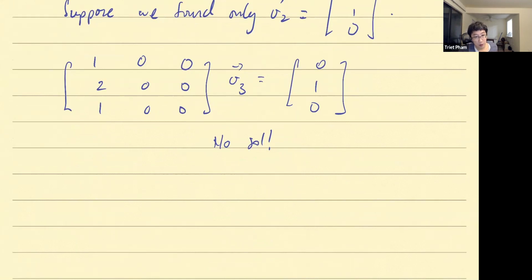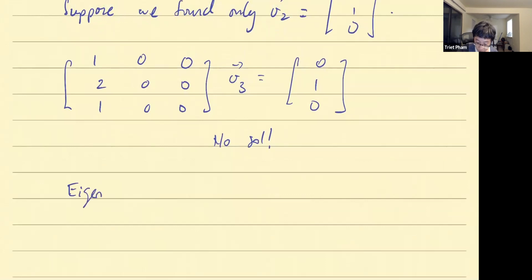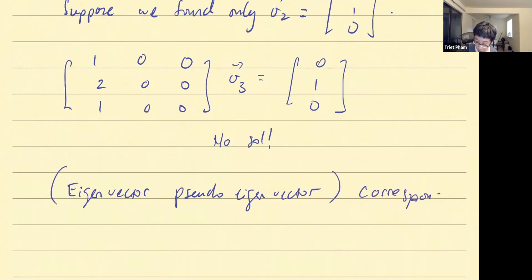Yeah, Ron, a good question. Basically, is the eigenvector corresponding to the same eigenvalue? When we talk about eigenvector and pseudo eigenvector, that's supposed to correspond to the same eigenvalue. As you see, I'll do another example.